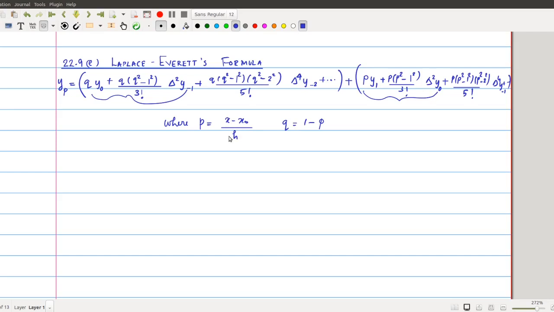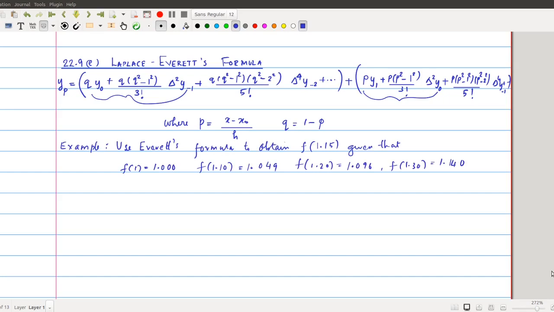Now we can discuss an example. Use the Laplace formula to obtain f of 1.15, given that the f values are here. So we construct the table. Here we have x values 1, 1.10, 1.20 and 1.30.